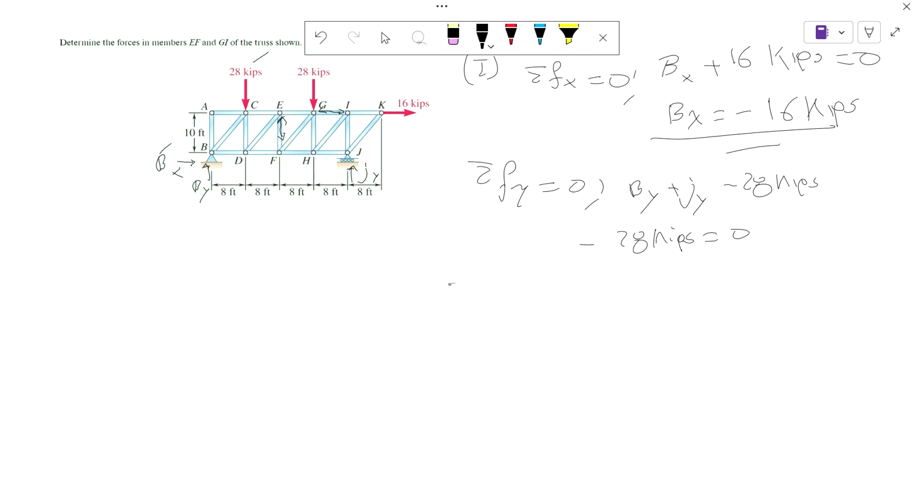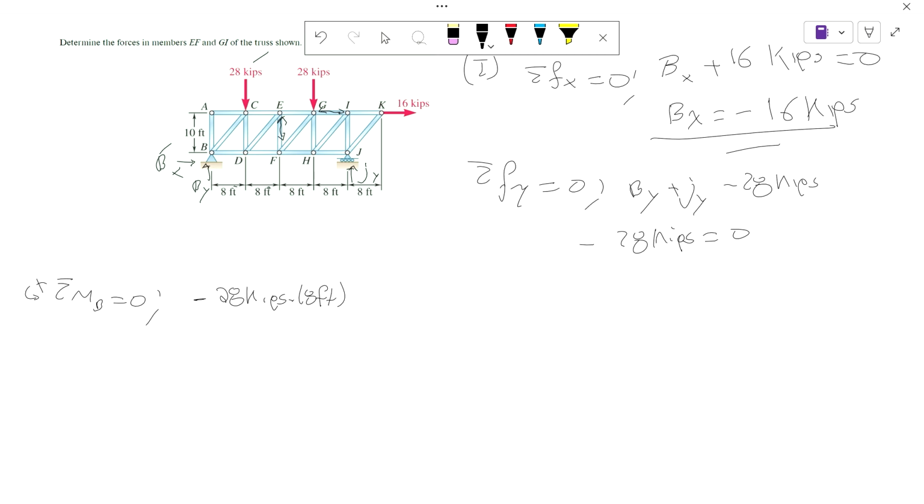And let's do summation of moment at B equals 0. Let's have a little bit of space here. Again, counterclockwise is positive. That's the convention that we follow. So it's negative 28 kilopounds times 8 feet.